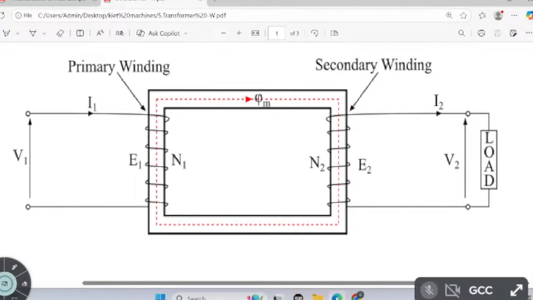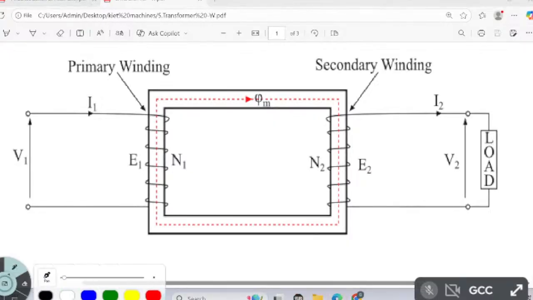You can wound any number of windings, but here you have only two windings. This is one winding wounded here, single phase, and here one winding for output. There is no connection between the input winding and the output winding.